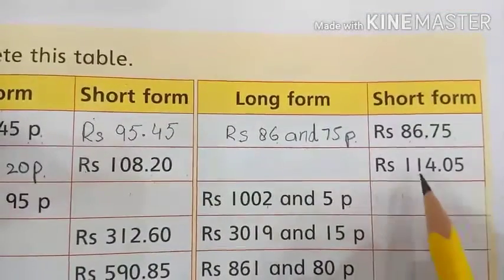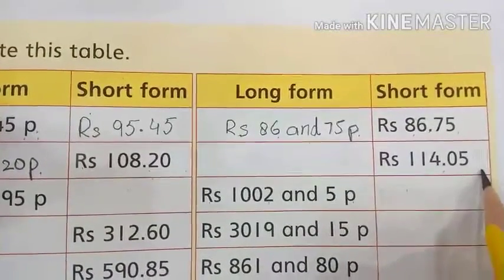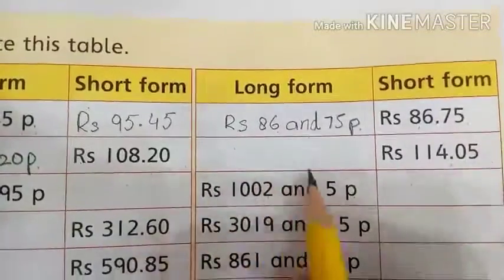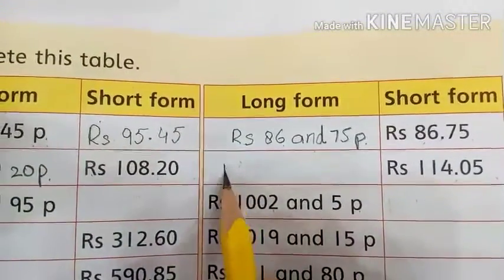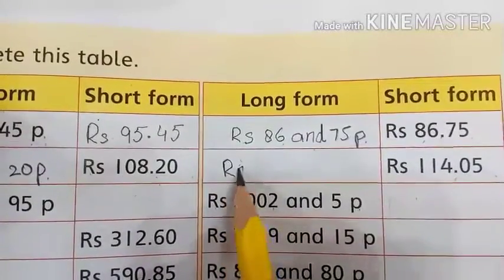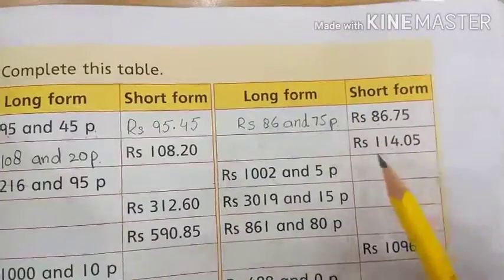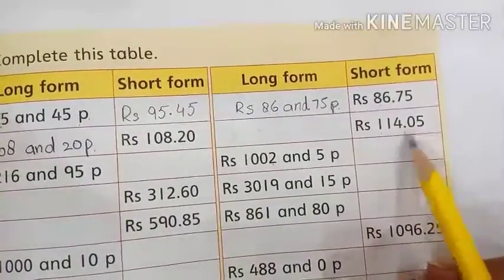The next one is rupees 114.05. We will write in the long form. I will write in the rupees and paise column. Rupees 114. The next is rupees 114.05.